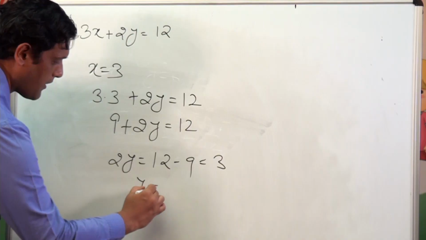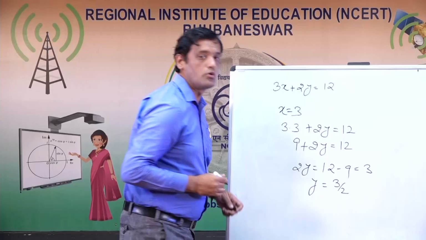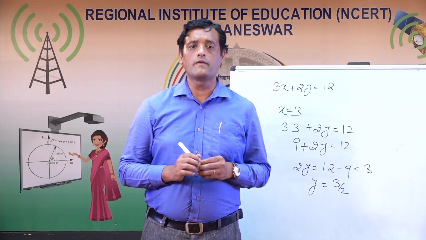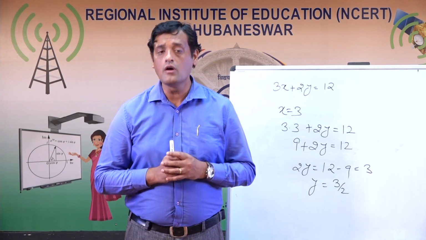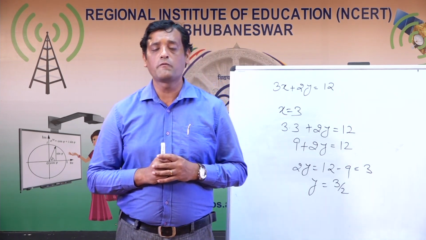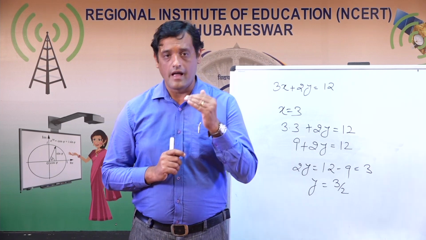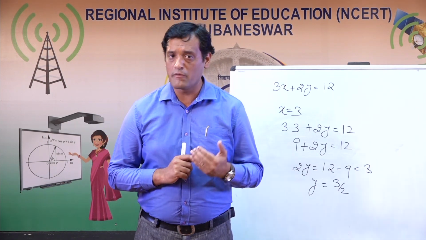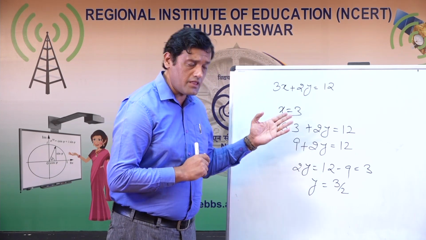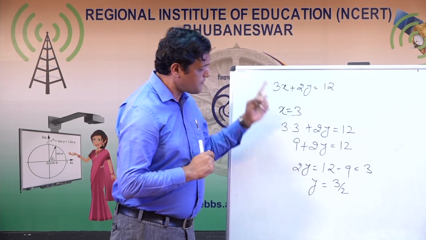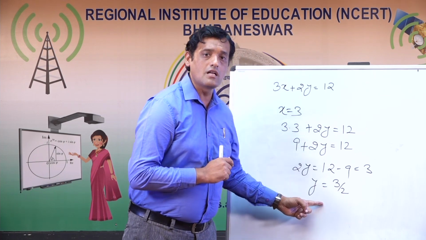Then y equal to 3 by 2. So this is the value of our variable y. We are getting this value while we are fixing the value of x. So we put x equal to 3, so that is fixed. In this case, we are getting the value of y as 3 by 2.